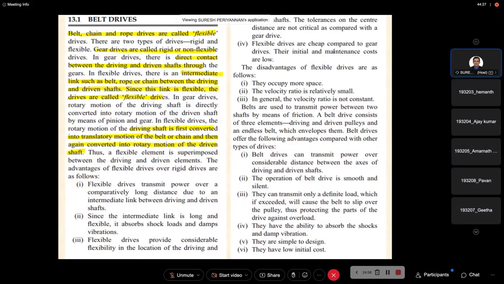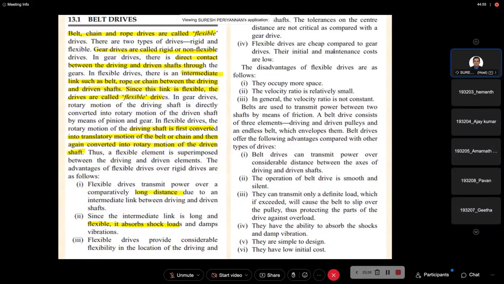Now see here, there are some advantages compared to a gear drive rigid mechanism. Power can be transmitted over a long distance. The intermediate link is flexible. The belt is flexible, absorbing shock and loads during power transmission from driving shaft to driven shaft.